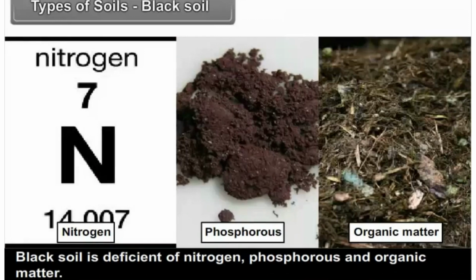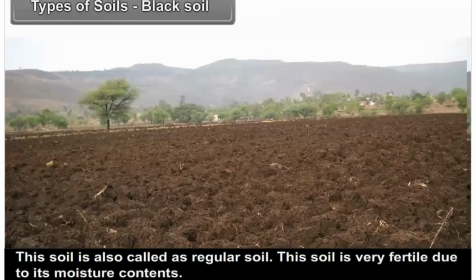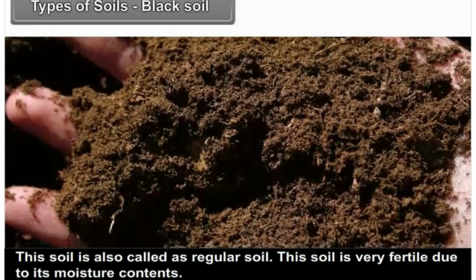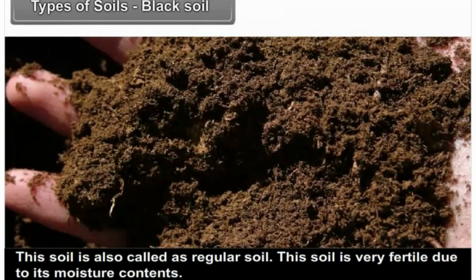Black soil is deficient in nitrogen, phosphorus, and organic matter. This soil is also called Regur soil. This soil is very fertile due to its moisture content.